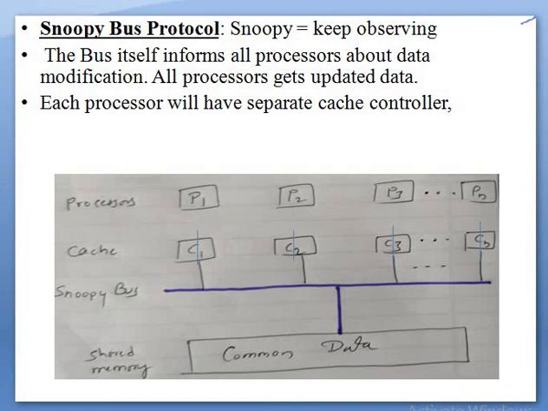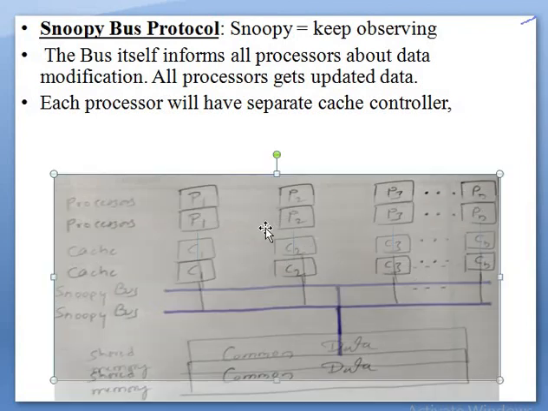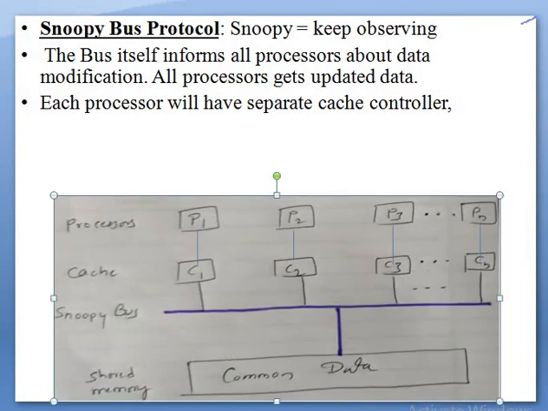Every processor is connected with its own cache, and all caches communicate with the common data present in the shared memory with the help of a Snoopy bus. The word is Snoopy bus. So let's understand what Snoopy means. Snoopy means keep observing. It's a very important activity.